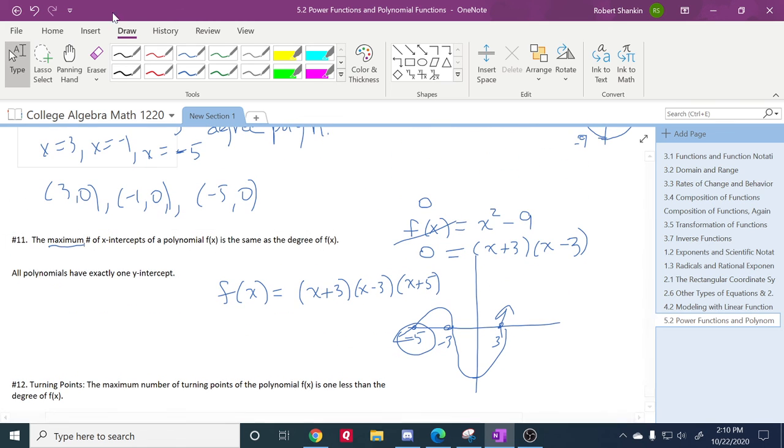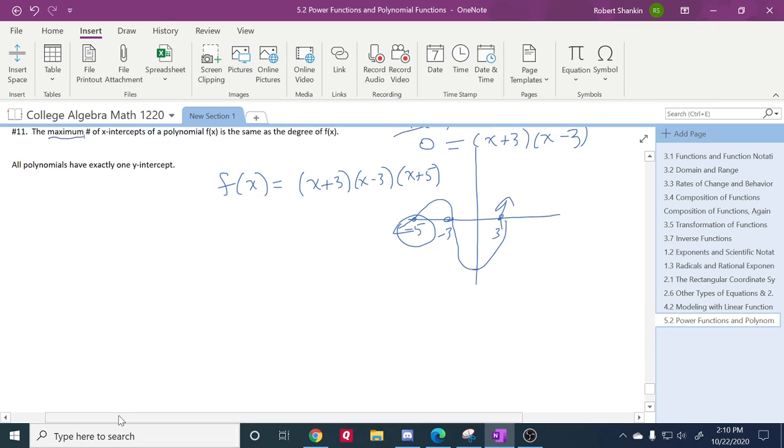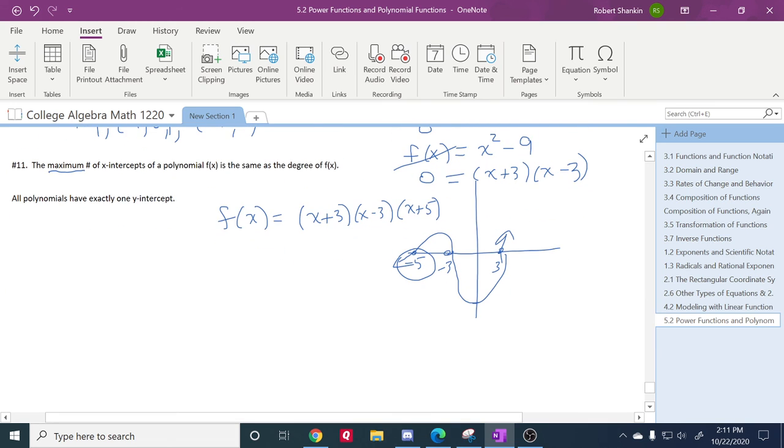If y equals x plus 4 squared, that only has x equals -4 as the only x-intercept, because it's the only thing that would cause the y to be 0.